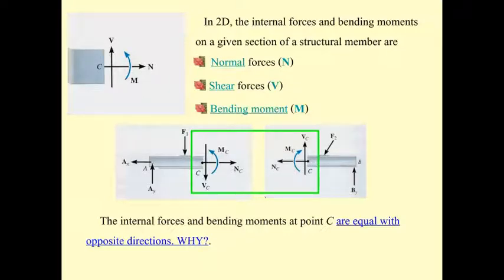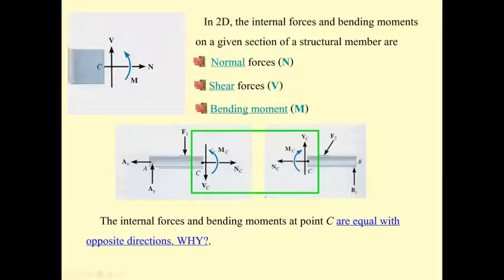And one more thing, we need to set up the sign convention for the normal force, for the shear force, and for the bending moment. Let us assume tension is positive for the left portion, shear downward is positive, and the moment counterclockwise is positive.